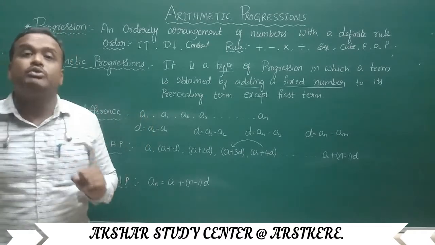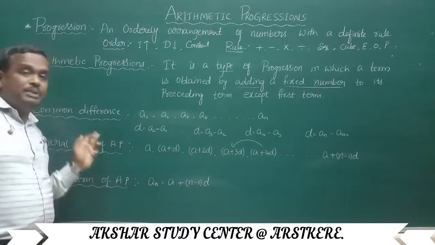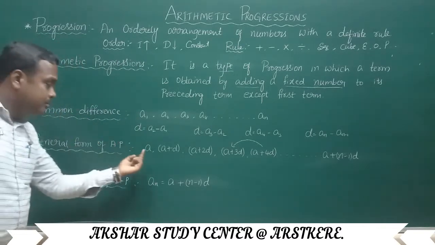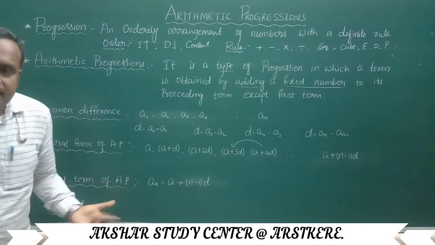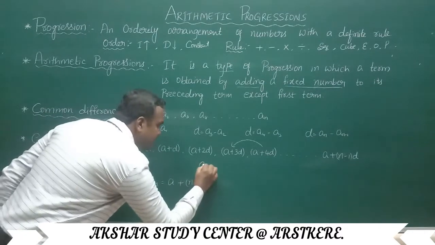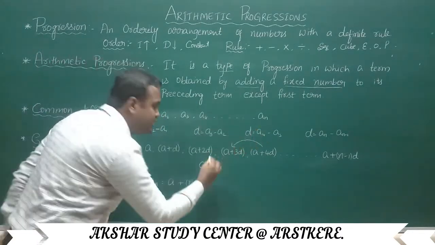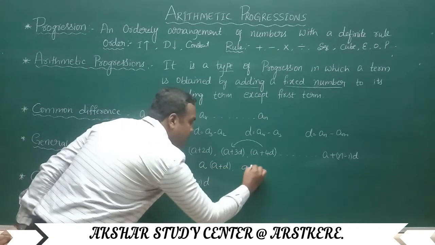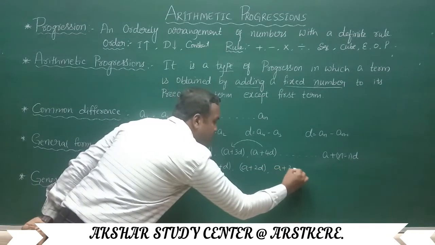Yes, some doubt will arise here. Sir, this is the first term. What will be its previous term? Exactly, are there any terms previous to A? Exactly, there are. How to find, sir? See, let us say this is the first term. Commonly, if we move forward, what do we write? A plus D, A plus 2D, A plus 3D.